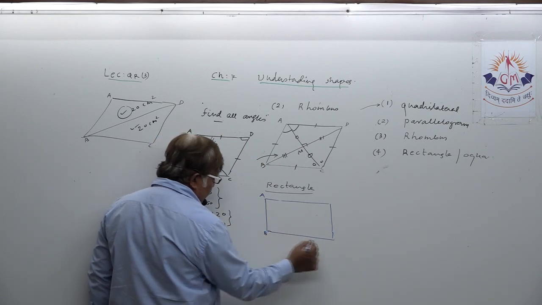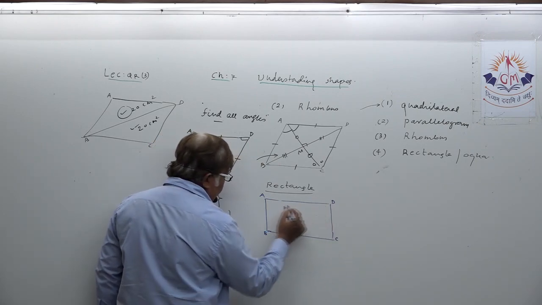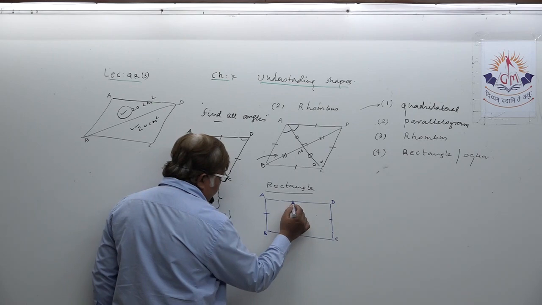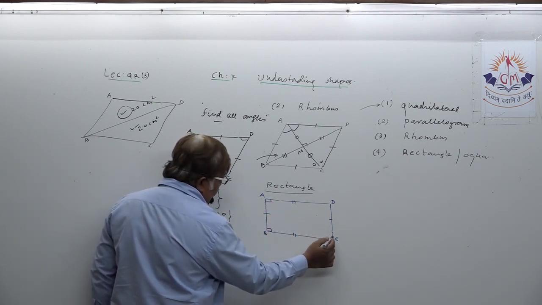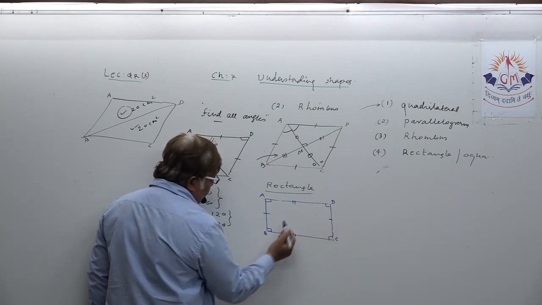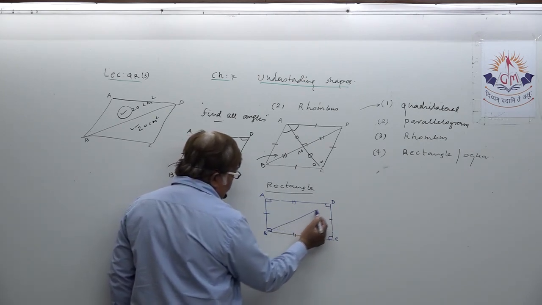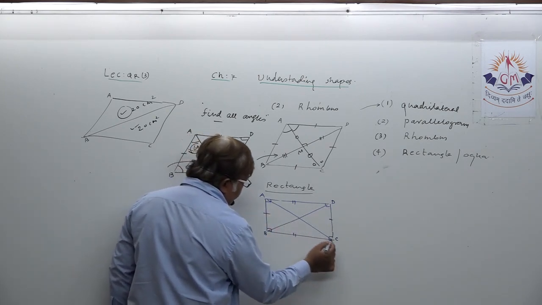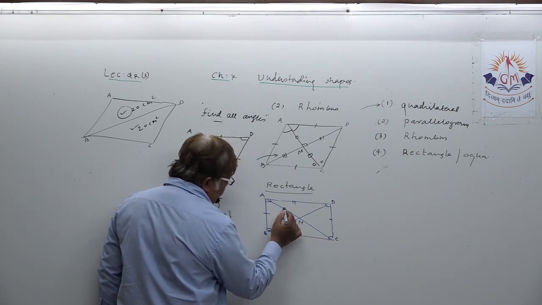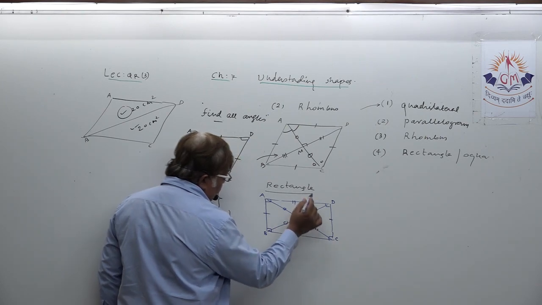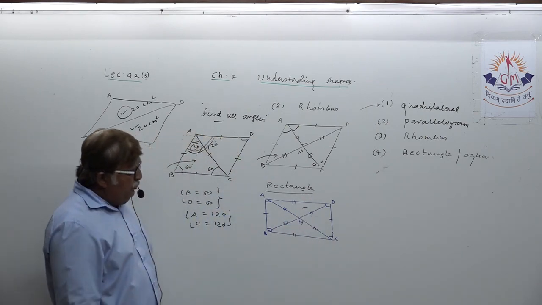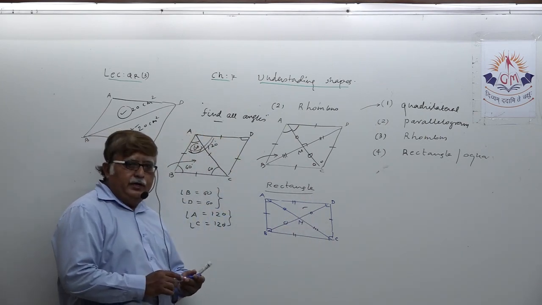ABCD is a rectangle. The opposite sides are equal. All angles are right angles. What about the diagonals? The diagonals bisect each other, and the diagonals are also equal. You know this property of a rectangle.